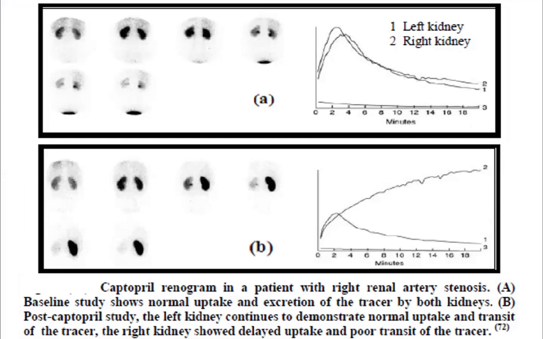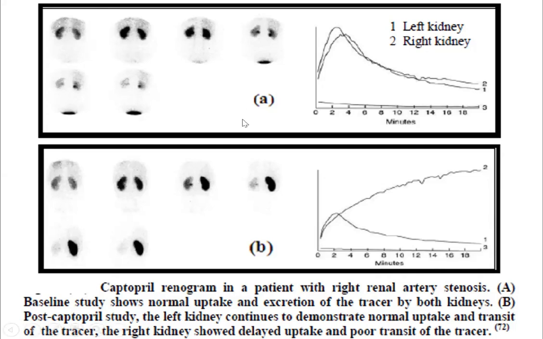When renovascular hypertension is suspected, we do 2 scans. One basal scan without Captopril, and another Captopril renography 5 days after the basal scan. This is an example of a basal scan where there is some retention of the tracer in the right kidney, but it is washed out. The hypertension is suspected to be renovascular as it was not responding to medical treatment.